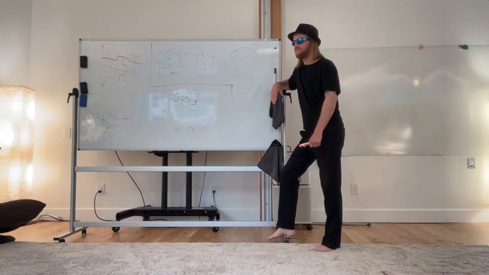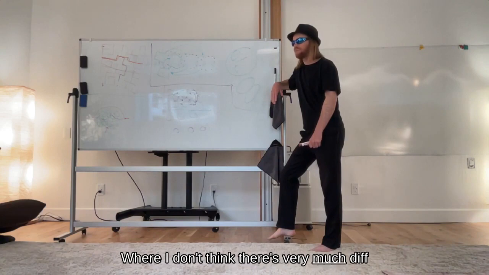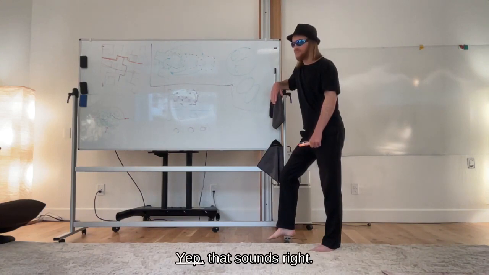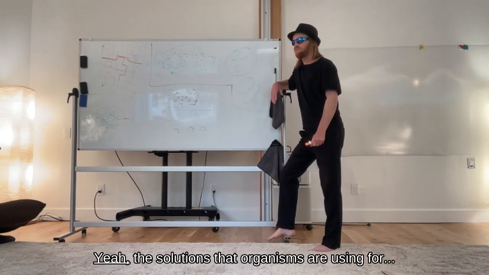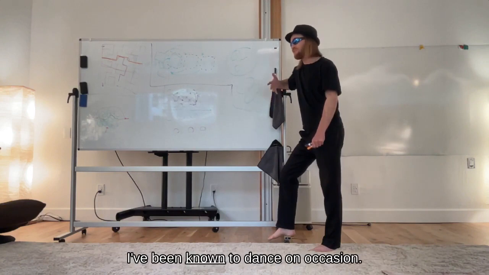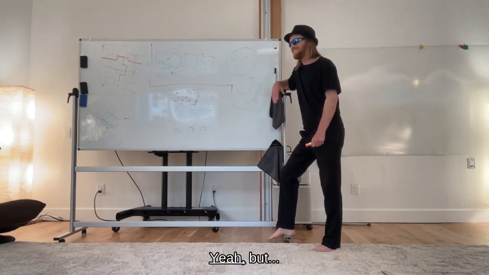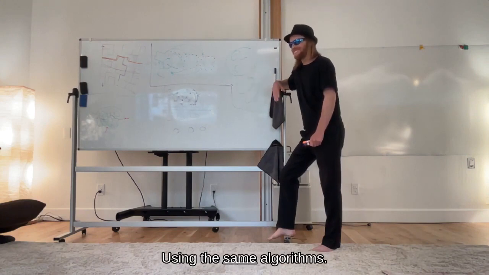Yeah, that sounds right. Where I don't think there's very much difference between how you solve a motor problem and how most humans solve a motor problem. Yep, that sounds right. And probably the solutions that organisms are using for... You might be surprised. I've been known to dance on occasion. Yeah, but still, using the same algorithms.